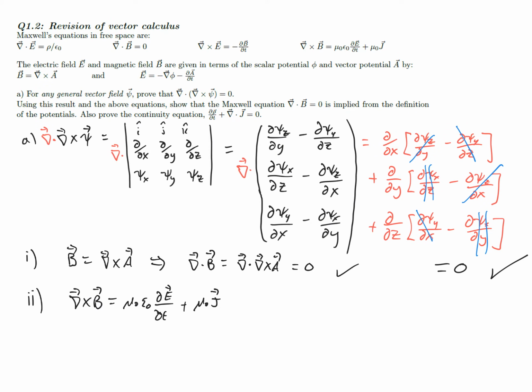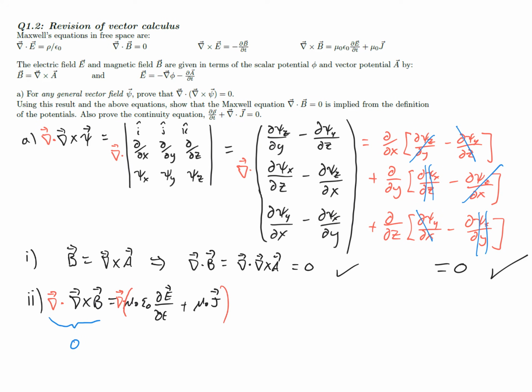So I will start from this equation, and again, this is something that involves the curl of a vector field. So very tellingly, I can just take the divergence of this entire equation. And what do I get? Well, on the left-hand side, I have the divergence of the curl of something, so that's definitely equal to 0. On the right-hand side, I have two terms.